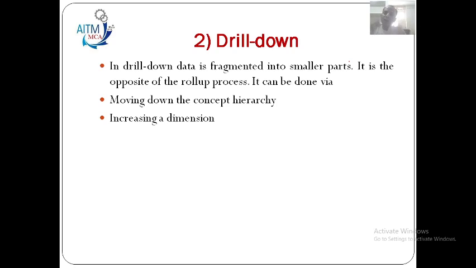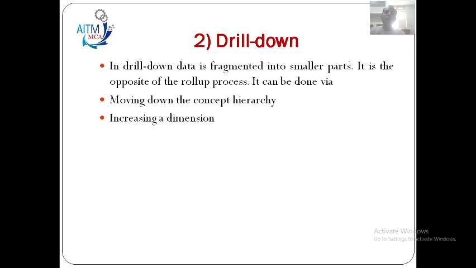So we make smaller parts and see the details. It is the opposite of the roll-up process. It can be done by moving down the concept hierarchy. See, this can be done in two ways. One is moving down the concept hierarchy and the other is increasing the dimensions. What do we do?